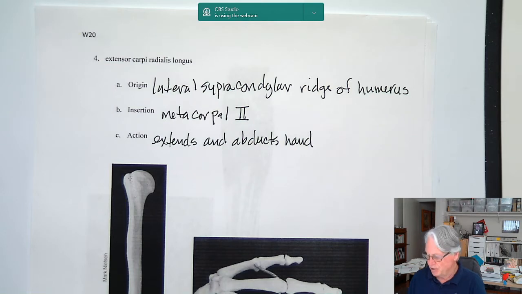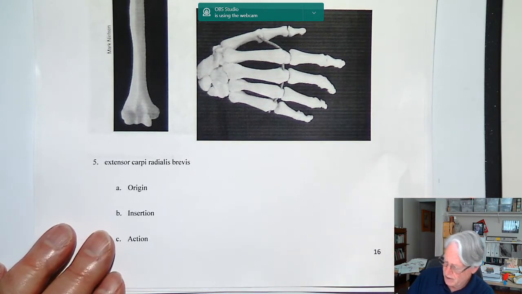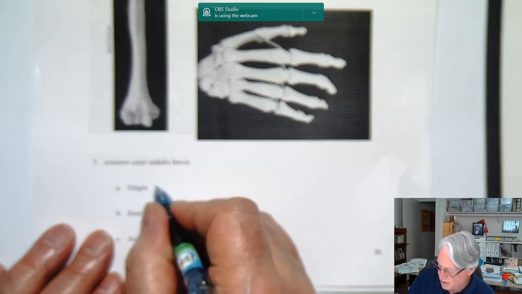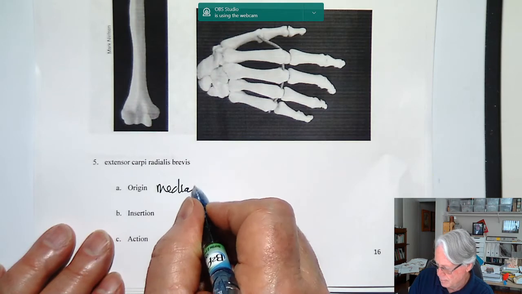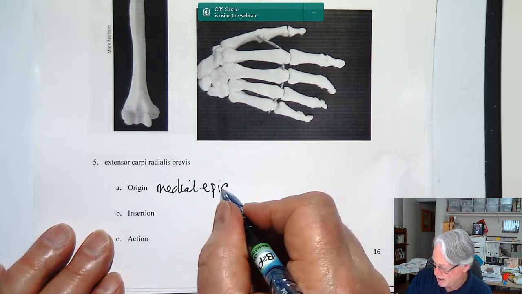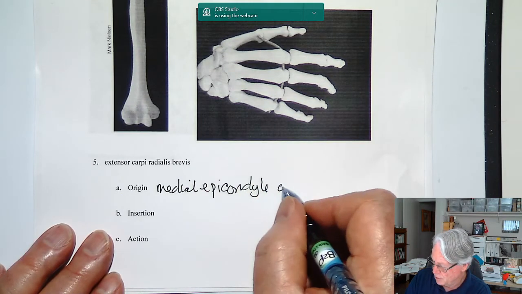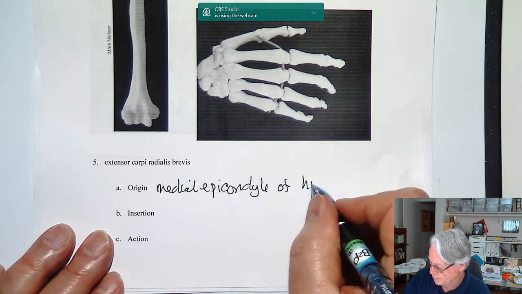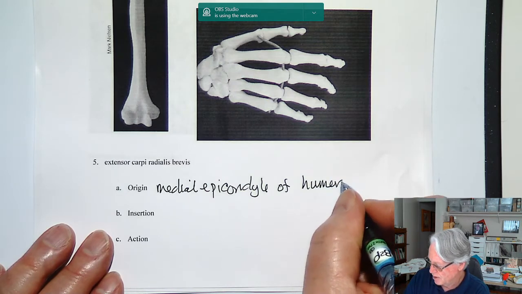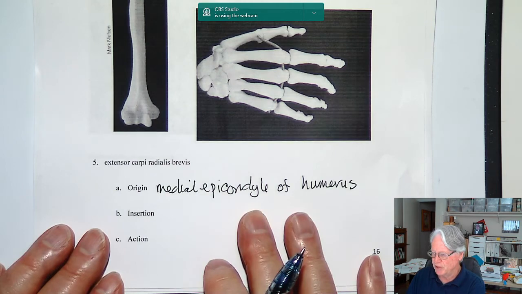Now, extensor carpi radialis brevis, which is at the bottom of the page. Origin: medial epicondyle of humerus. Before we go any further, let's compare this to the one we just did.